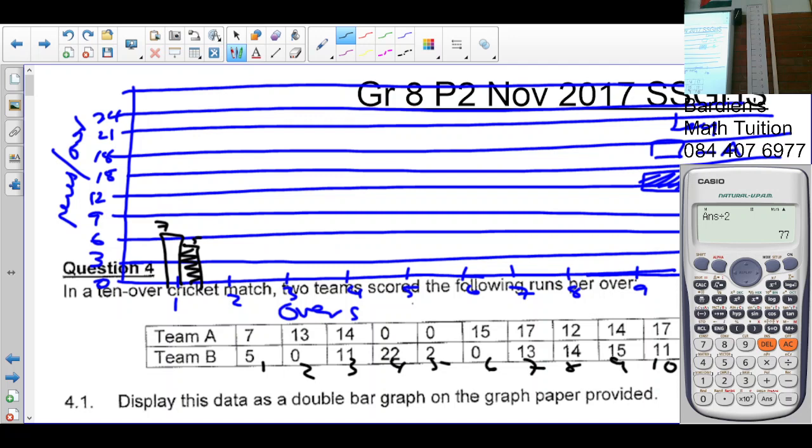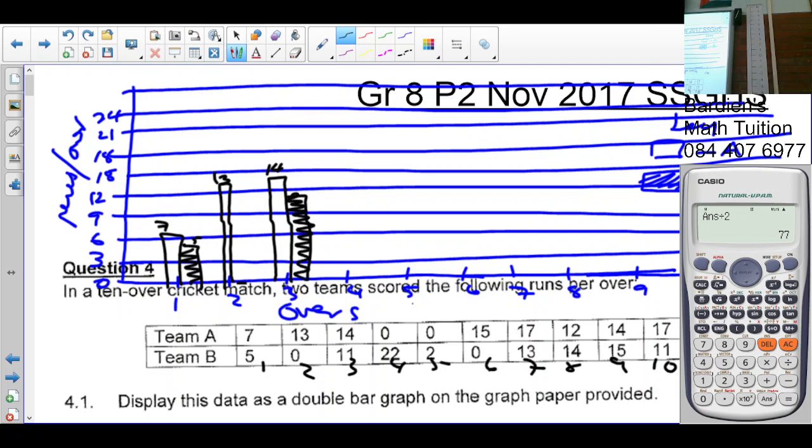Then team A is 13 for over 2, and team B is 0, which is nothing. You don't have to write it. Over 3 is 14, just one less than 15, and 11, just less than 12, and this is shaded.